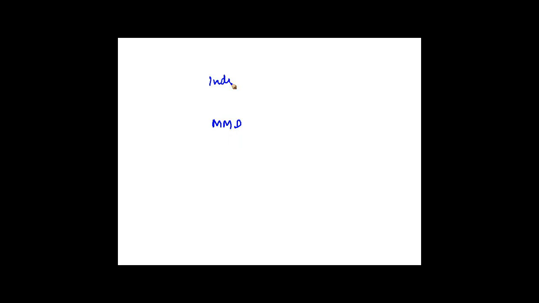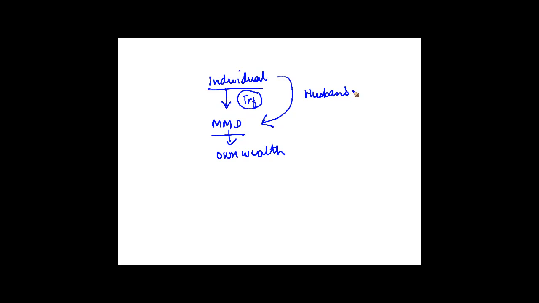If an individual, being a father or a mother, transfers an asset to a minor married daughter, it shall be included in her own wealth. But if the individual transferring the asset is the husband, father-in-law or mother-in-law, then if these are for inadequate consideration, it is taxable in the hands of these people.